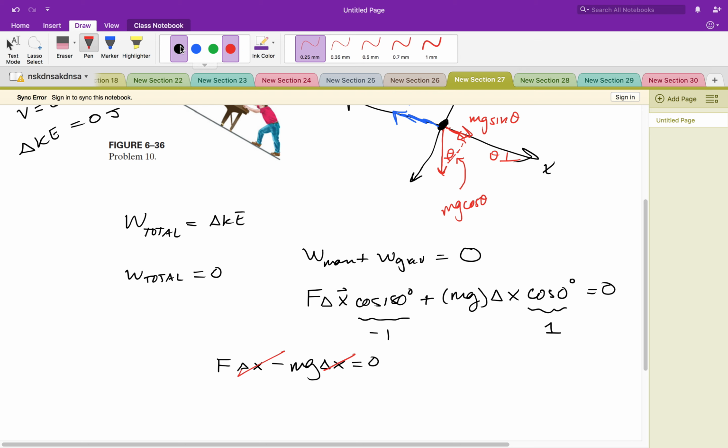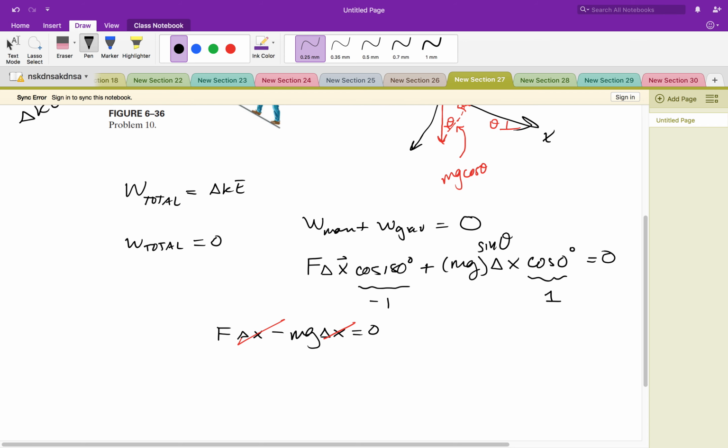So we can just solve now. Shockingly enough, this is mg. I left something out. Mg sine theta. Sine theta should be in there as well, because it's going this way. There's a sine theta here as well. And so if you go ahead and solve for the force, it's just mg sine theta.